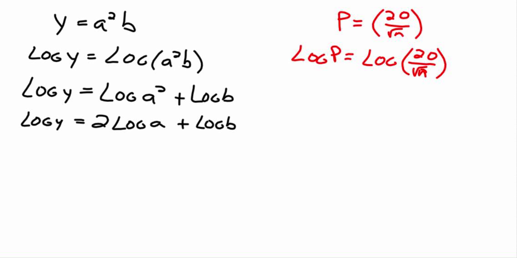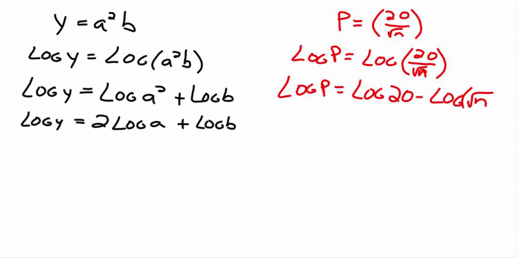If we're multiplying two numbers inside our logarithm, we add them. If we're dividing two numbers inside of our logarithm, we subtract them. So we've got log of p equals log of 20 minus log of the square root of n. Now, we can take this one step further because we know we can write the square root of n as an exponent.